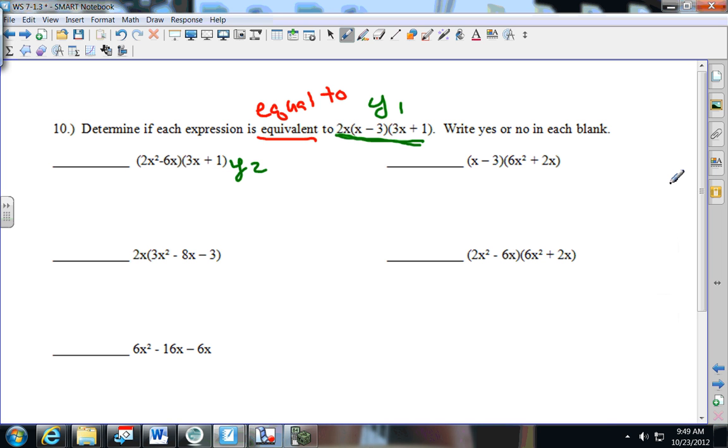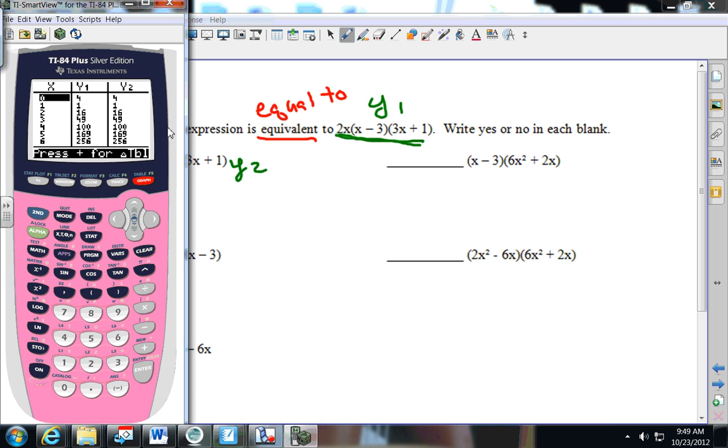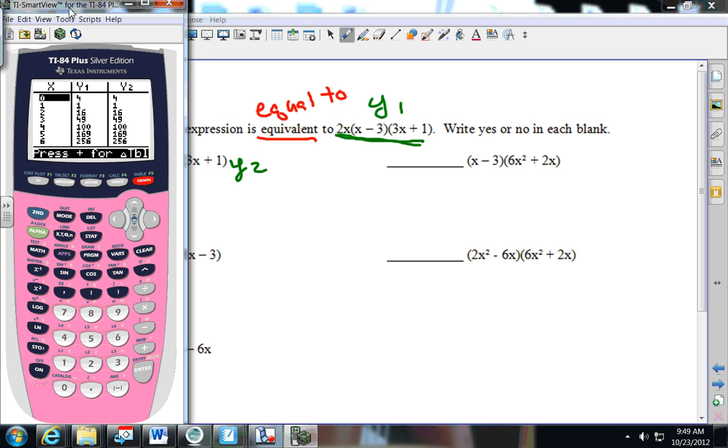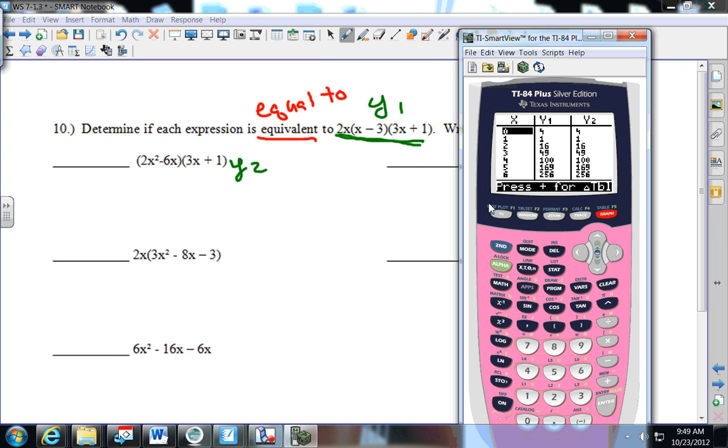Okay, so all you have to do for these is go with the calculator and into y1. Let me move this real quick. Into y1, I'm going to put 2x parentheses x minus 3 times 3x plus 1.